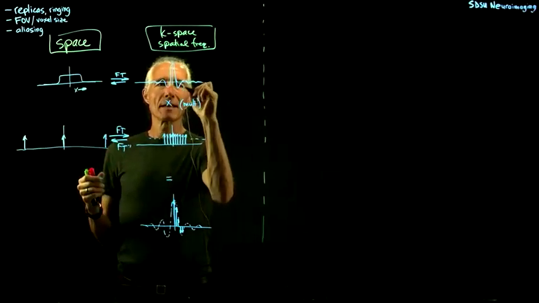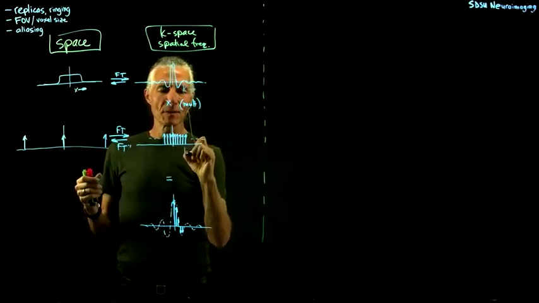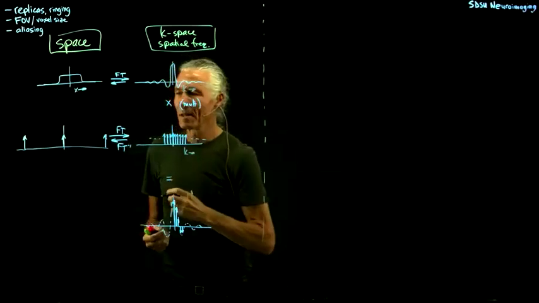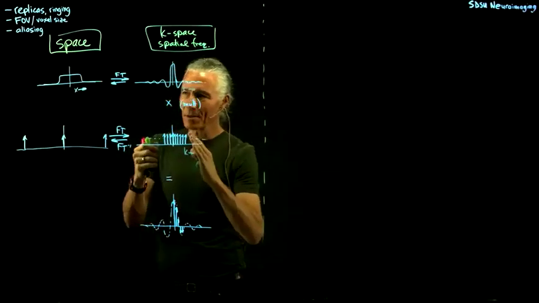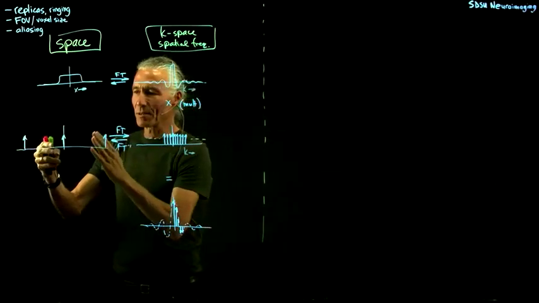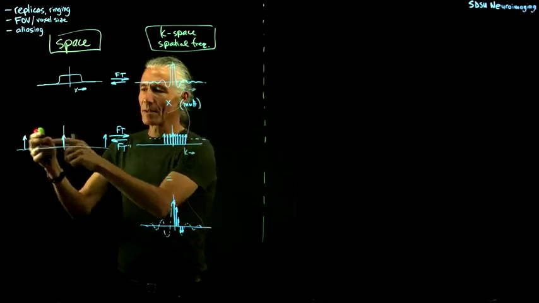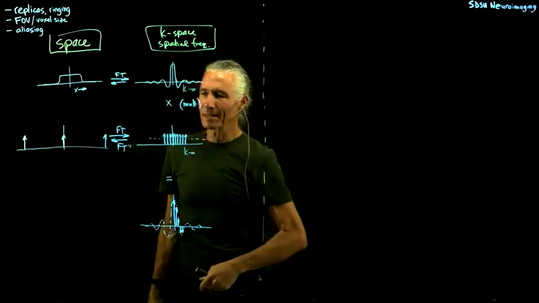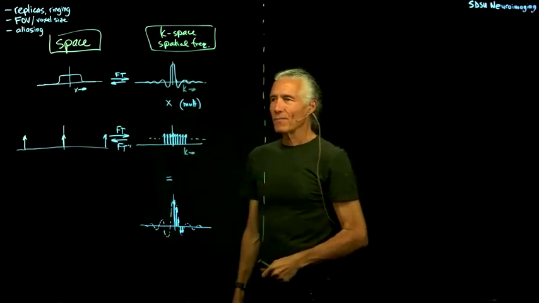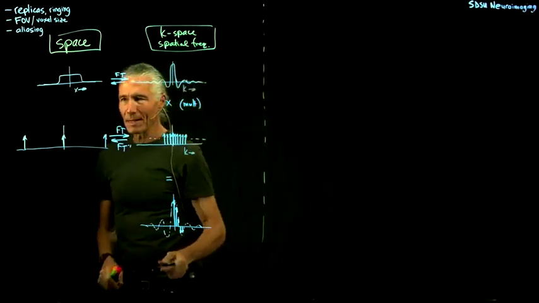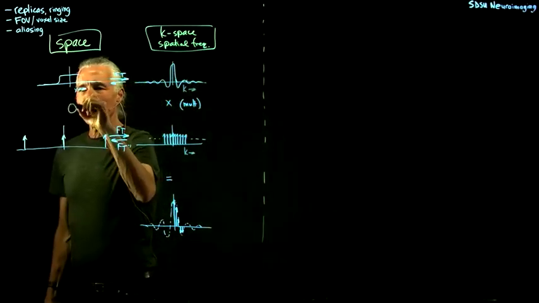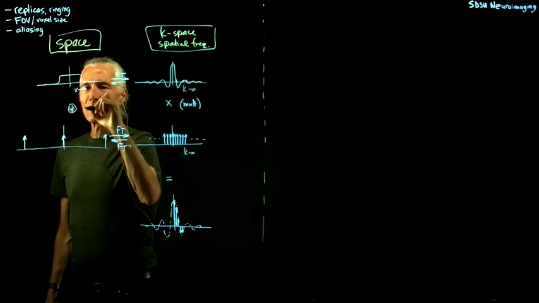So this is K, spatial frequency here. And then you could do it the other way. If you spread them out, these guys get closer and closer together until you get infinitely fine spikes on this side. So that's the Fourier transform of a comb. And then what we do is we do a convolution on this side.